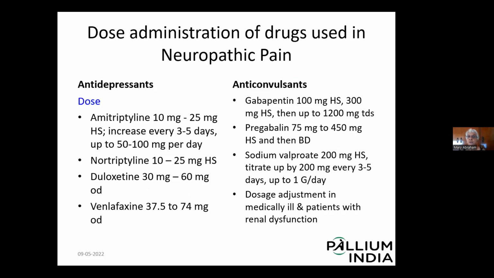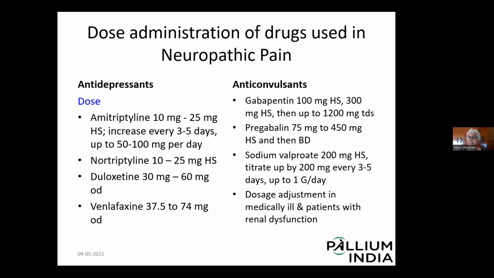Now, if you look at the doses which we are giving in neuropathic pain, for antidepressants, you can start with amitriptyline 10 mg, and you can go up every 3 to 5 days, increasing it to 25 mg, 50 mg, up to 100 mg. Similarly with nortriptyline. And duloxetine, I said 30 mg to 60 mg, and venlafaxine 37.5 to 75 mg.